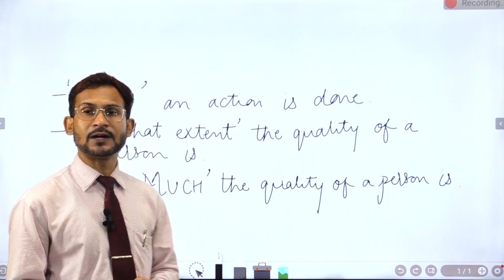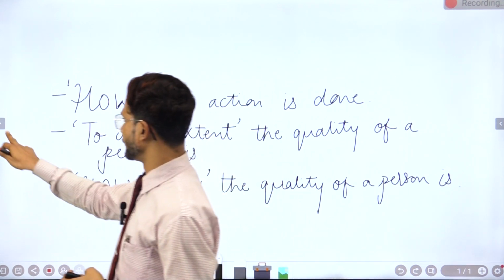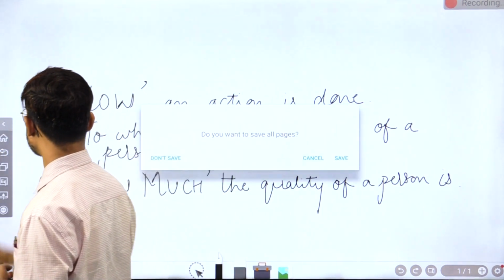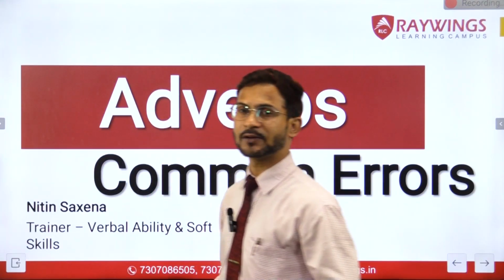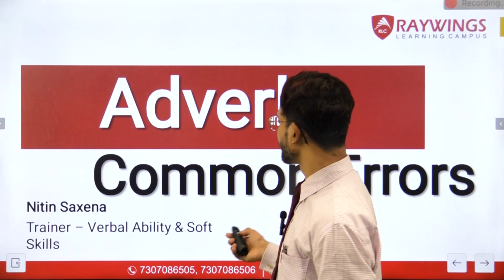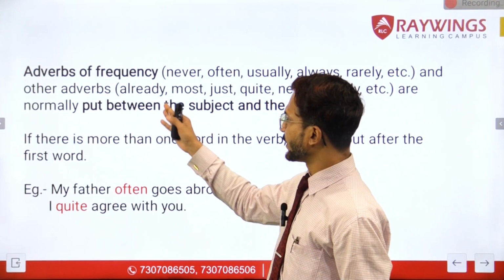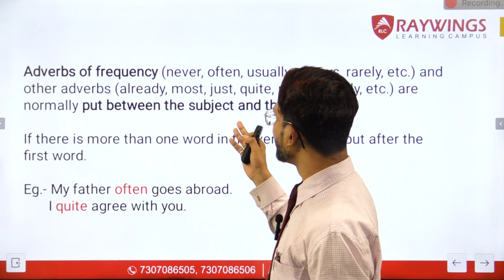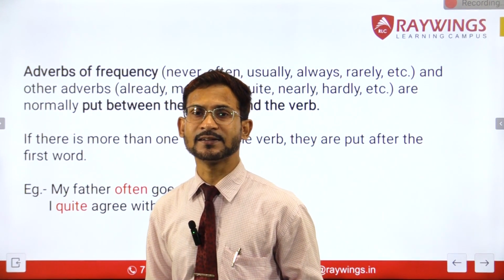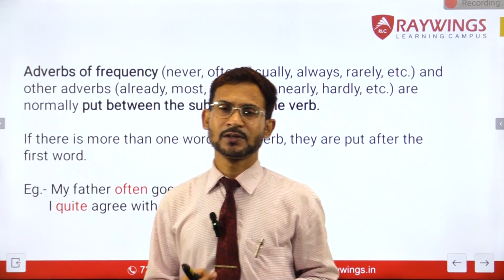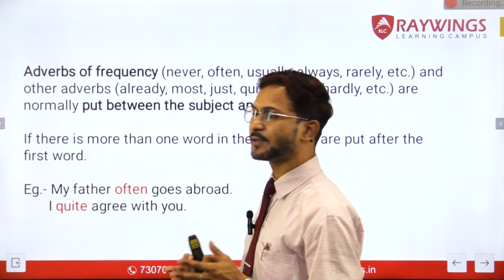All right. Now let us move to the common errors part of the adverb. The first important error in the adverbs, or we have to remember this concept, is adverbs of frequency. Adverbs of frequency define how many times an action took place.